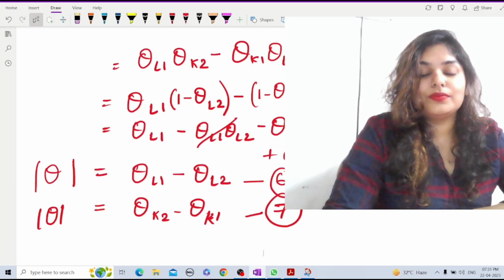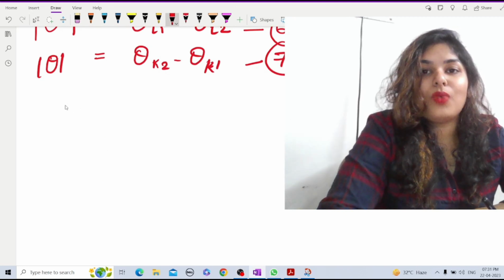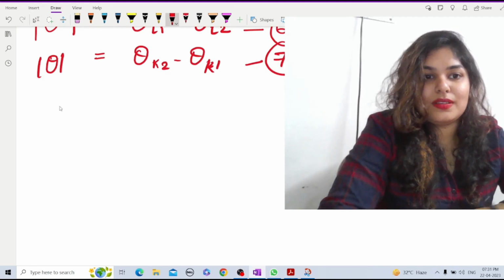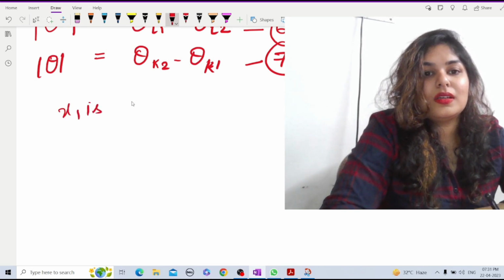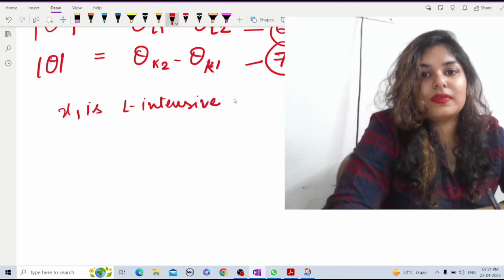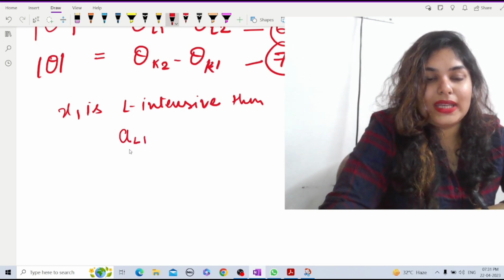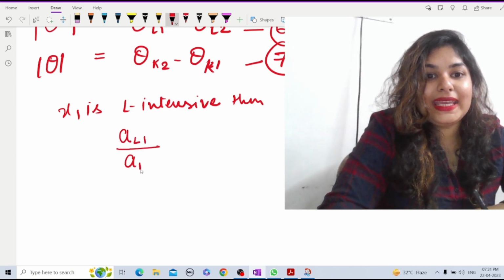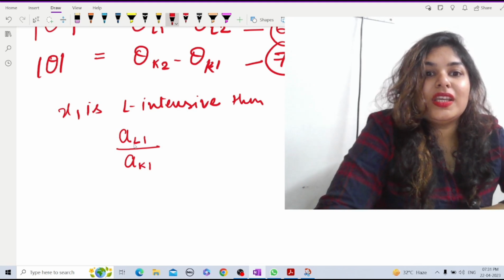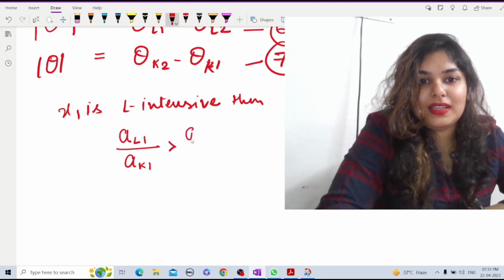Now let us assume that commodity 1 is labor intensive, right? X1 is labor intensive. Then what can we write? We can write AL1 by AK1 is greater than AL2 by AK2.